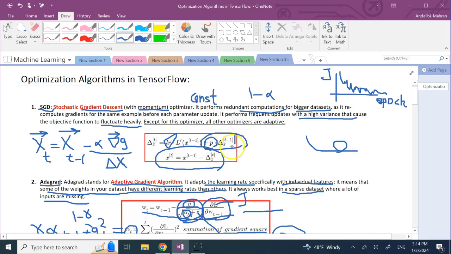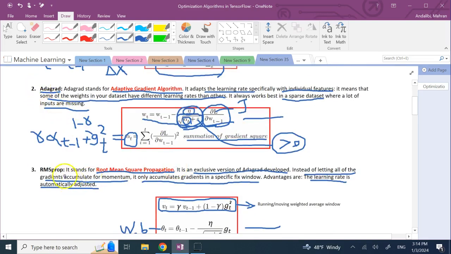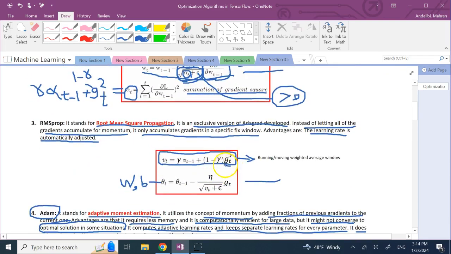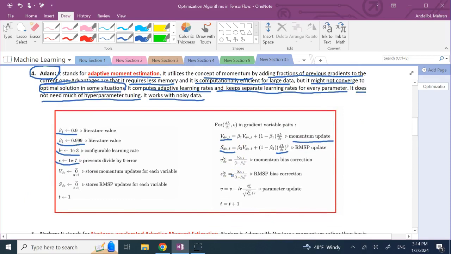You see, the SGD uses power 1 of the momentum. Adagrad or RMSProp, they use power 2 or squared of the gradients. This method uses both of them. It's a combination of those two.